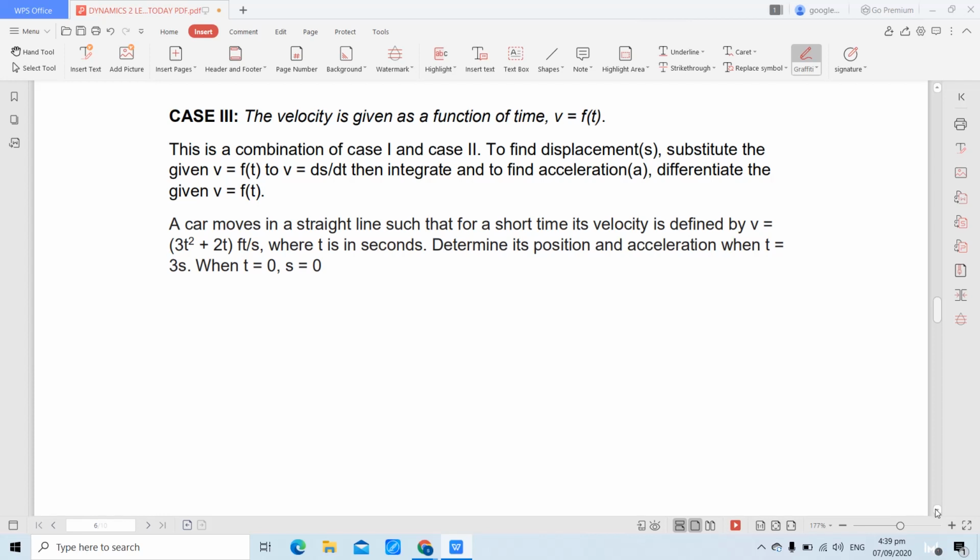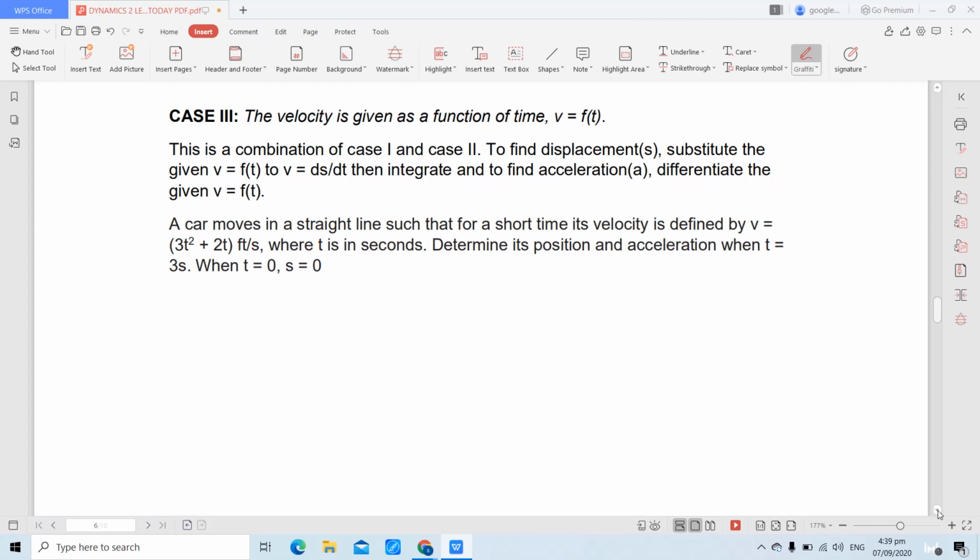To find the displacement, substitute the given v as a function of time to v equivalent to ds over dt and then integrate. And then to find acceleration, differentiate the given equation. V is a function of time. So, combination of case 1 and 2, which is integration and differentiation.